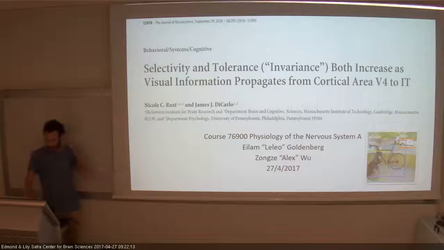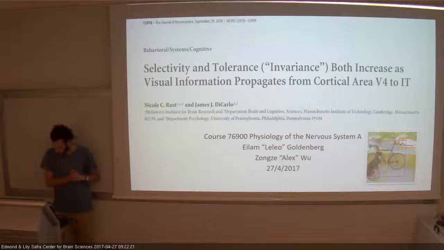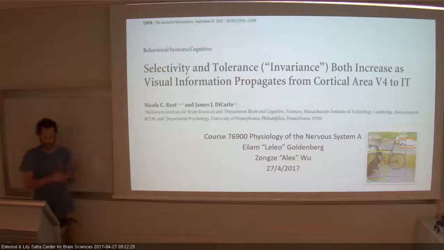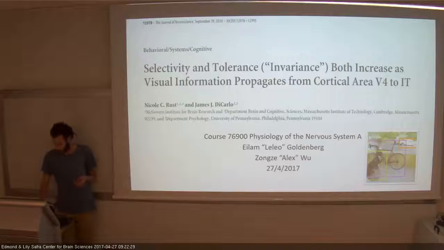In this study, we look specifically at the two latest steps, which are V4 and IT, the inferior temporal cortex, and how they can discriminate between and generalize across different images.